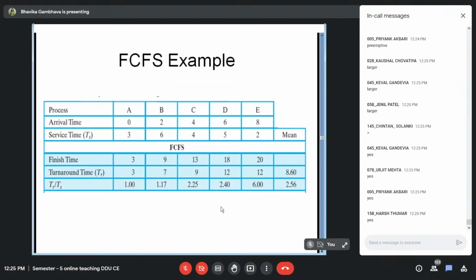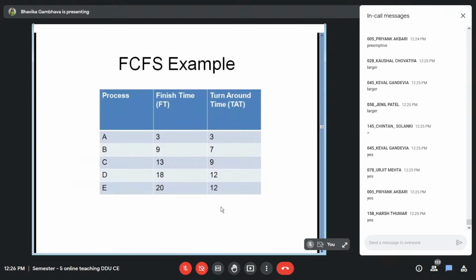Now, can you also find me the normalized turnaround time? For all the processes, can you please find me the normalized turnaround time?